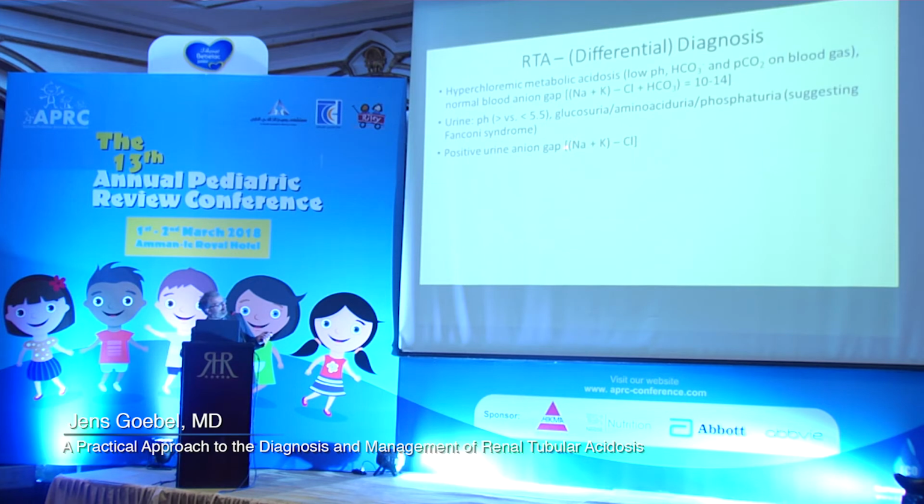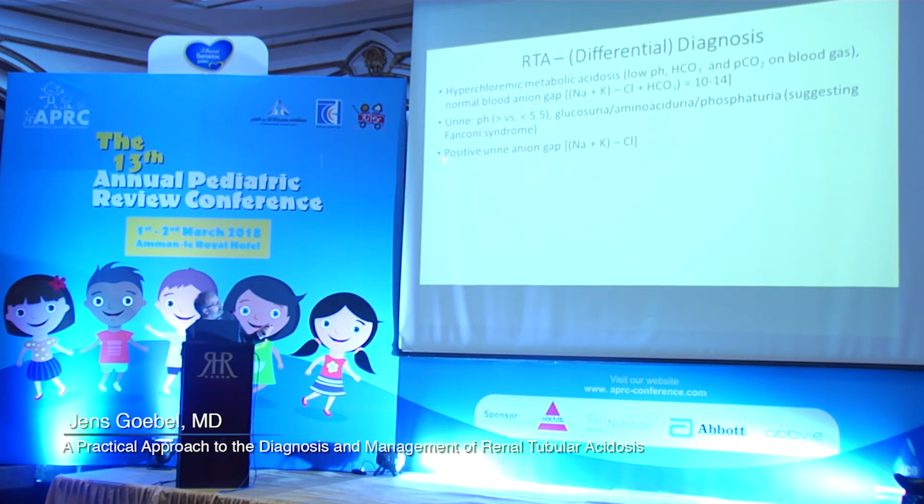That makes the urine anion gap negative and suggests that any non-anion gap metabolic acidosis with a negative urinary anion gap has to do with gastrointestinal losses and not with distal RTA.